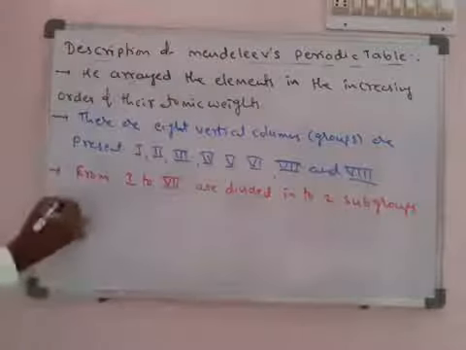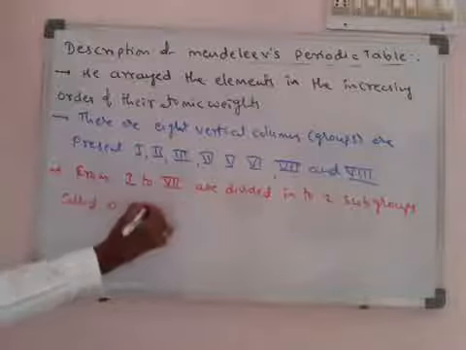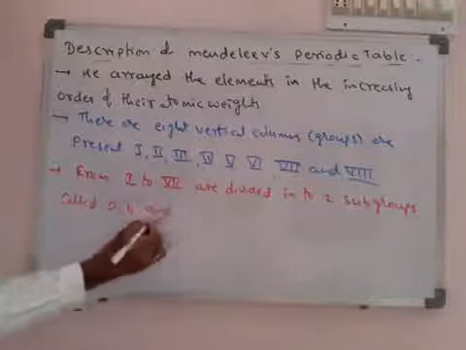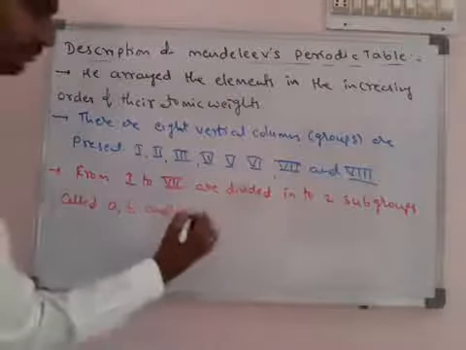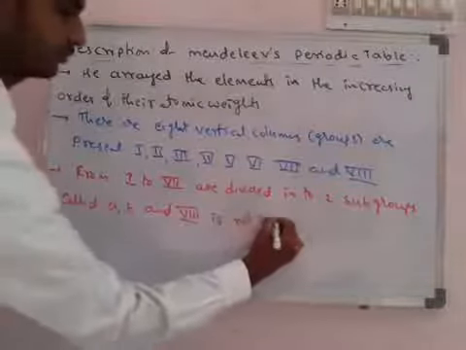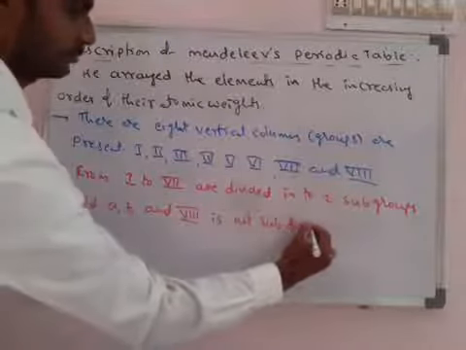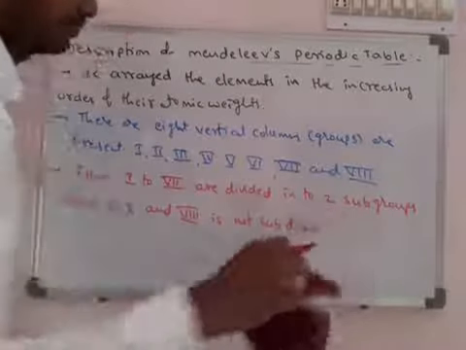Divide into 2 subgroups called small a and b, and the 8th group is not subdivided. Okay, 8th is not divided, okay?